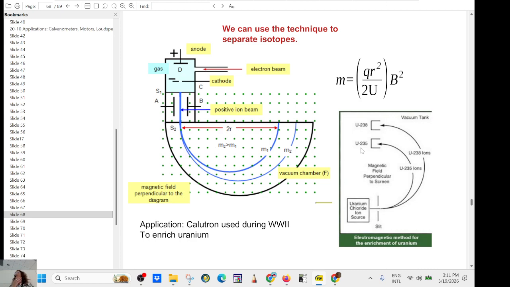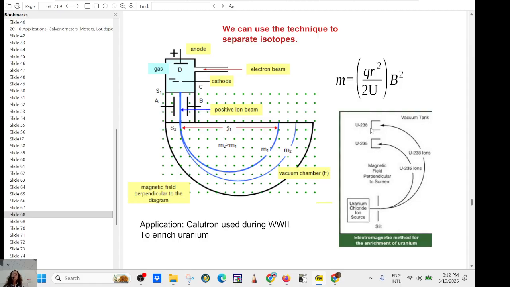Except that if you want to make an atomic bomb, you need uranium-235. And you cannot use chemistry, as you all know. Isotopes will behave the same with chemical reactions. You cannot use chemistry to sort them out. You cannot isolate uranium-235 using some chemical reaction. That will not work.